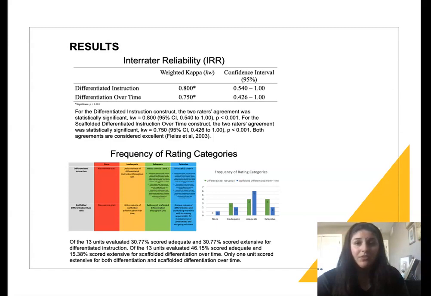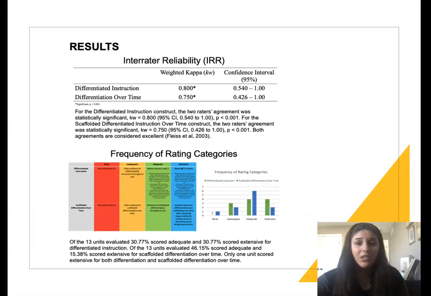For the scaffolded differentiated instruction over time construct, the 2 raters' agreement was statistically significant with a weighted kappa of 0.75 and a 95% confidence interval of 0.426 to 1. Both agreements are considered excellent according to the agreement levels determined by Fleiss et al. The graduate students discussed discrepancies in scores and consensus was built to reach 100% inter-rater reliability.